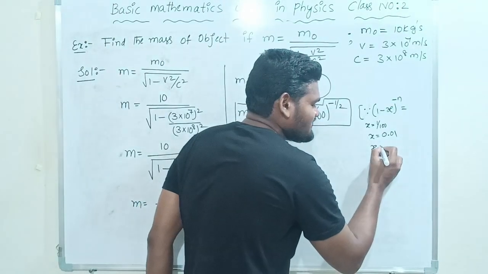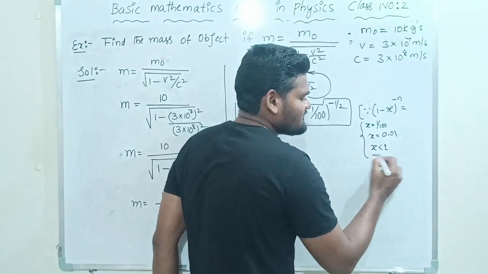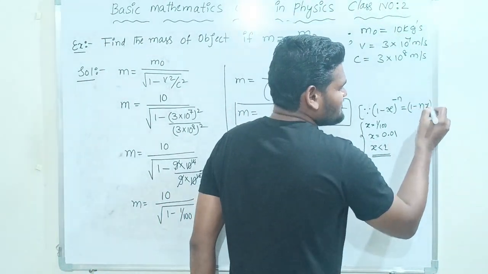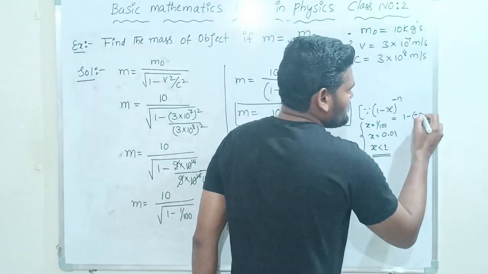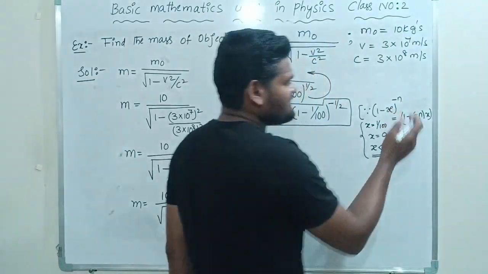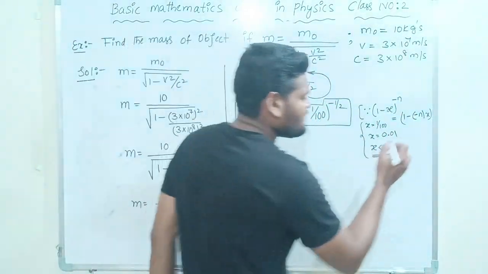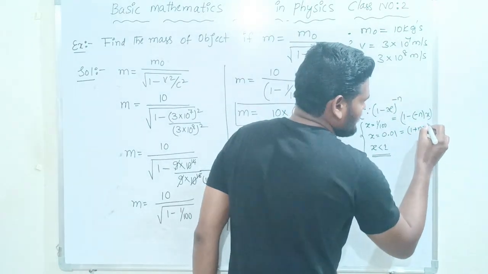That means x is less than 1. Then this equation becomes 1 plus n into x. So at the place of n, we have minus n, power minus 1 by 2. Is it clear? So minus into minus is plus, 1 plus nx.